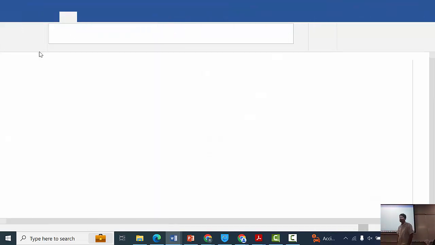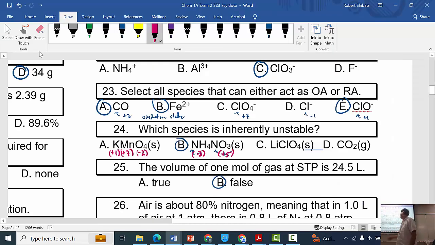Let's take a look at this one next. This one's ammonium nitrate. Now this one's a bit different because when we look at hydrogen and oxygen, nothing unremarkable about that. That's +1, that's -2. But when we look at the nitrogen, the first nitrogen is -3. The second nitrogen is +5. As long as they stay apart, it's okay.